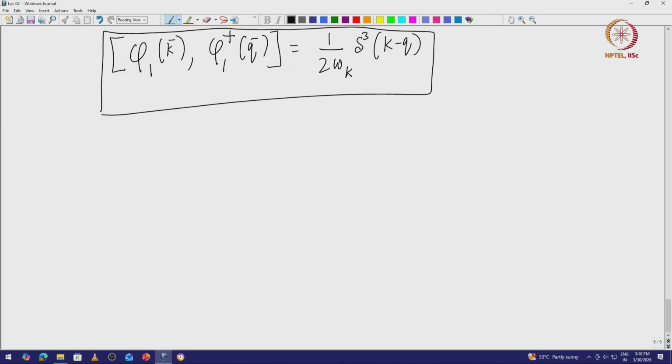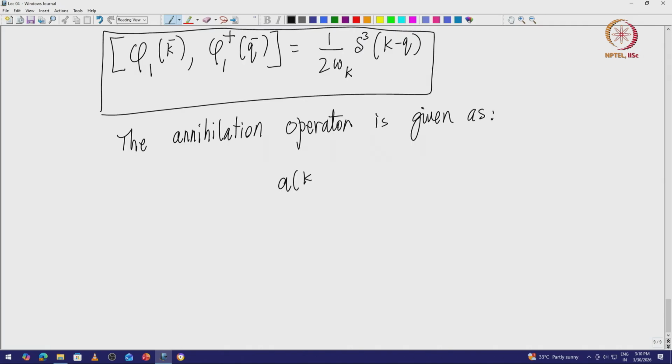So with this you can define the annihilation operator given as A of k is equal to 2 omega k by h cross. So, h cross is nothing but 1, so you can remove this. Okay.